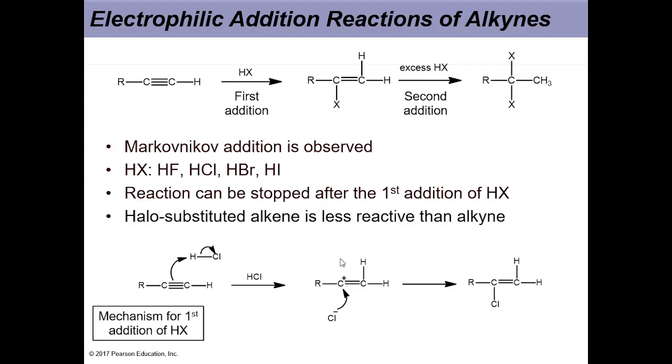Therefore, if you only add one equivalent of HCl, it will always give you the major product of addition to the triple bond, instead of reacting with the double bond. The double bond will only react after all the triple bonds are consumed, and you still have more HCl, then this HCl will start reacting with the double bond.